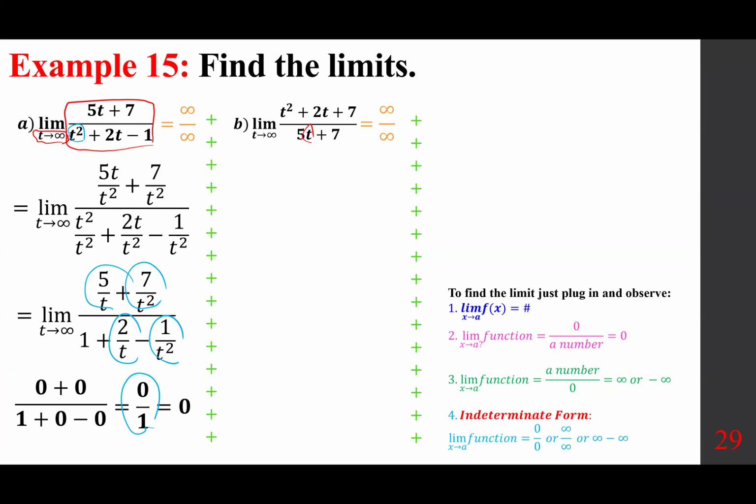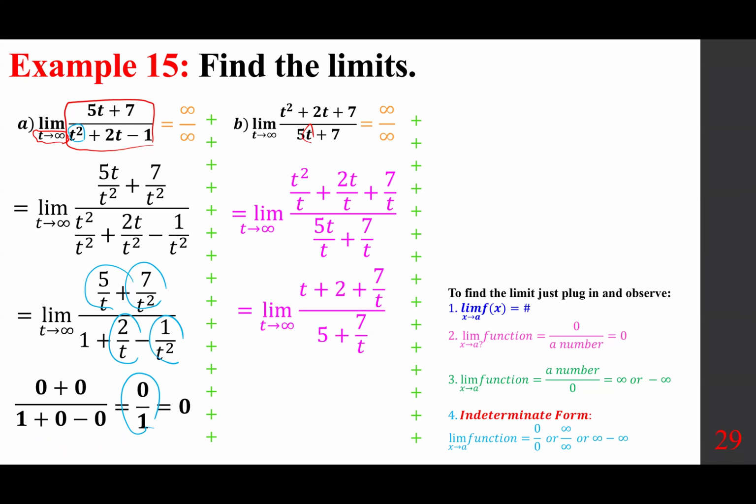So let's divide the top and the bottom by t and simplify. These two pieces each have a denominator of infinity, so they go to 0.